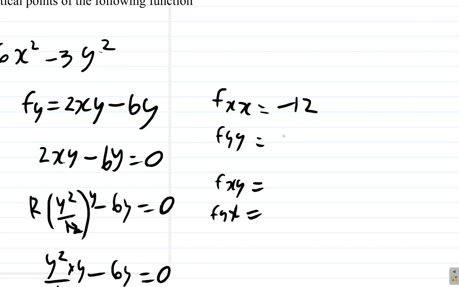When you differentiate this with respect to y, we're going to get 2x minus 6. Right. So that is our fyy. And then we're going to find out what is our fxy.